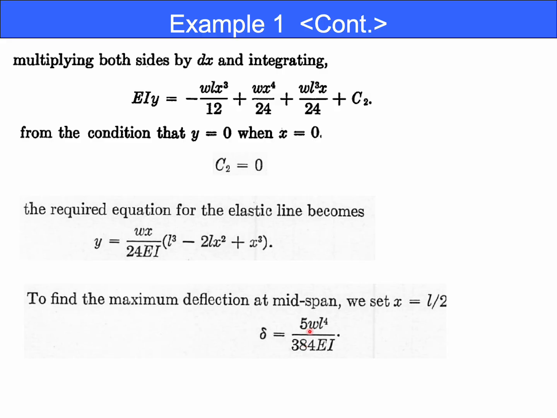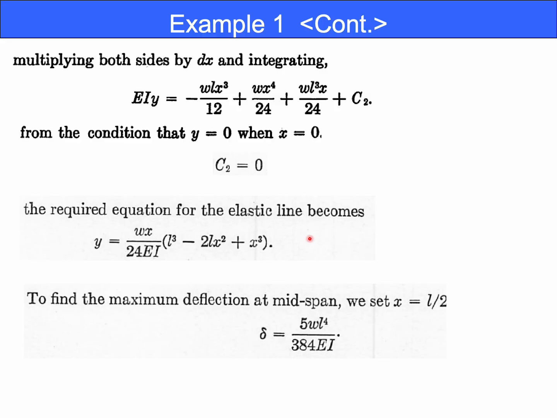Delta equals 5 w L to the 4th over 384 EI. This is a memorize-worthy result, but more importantly, you should understand the structure. First, find the bending moment as a function of x, integrate twice, and use boundary conditions, symmetry, or the conditions at both ends.